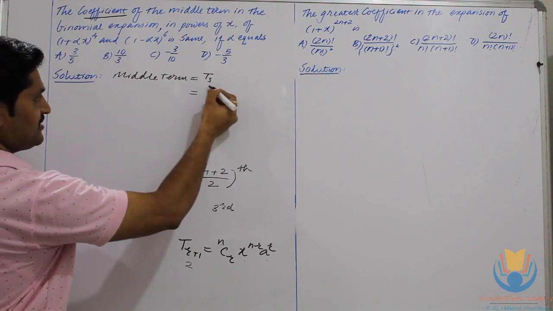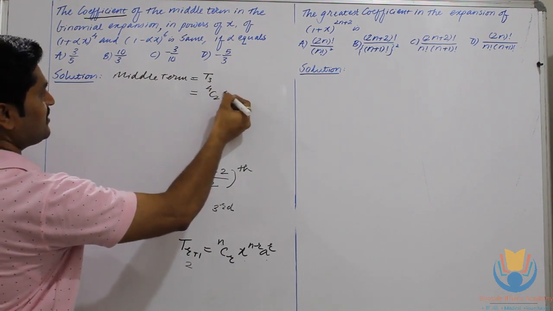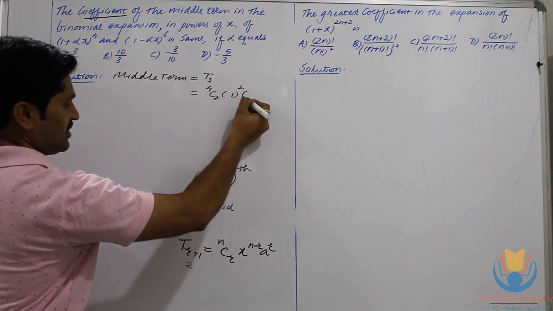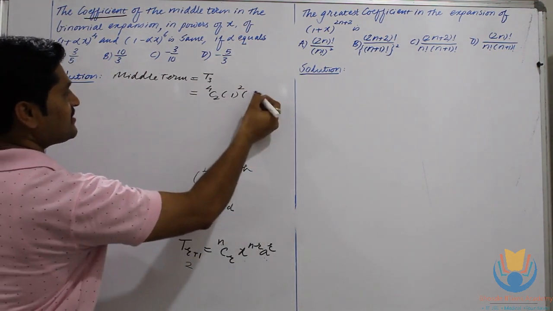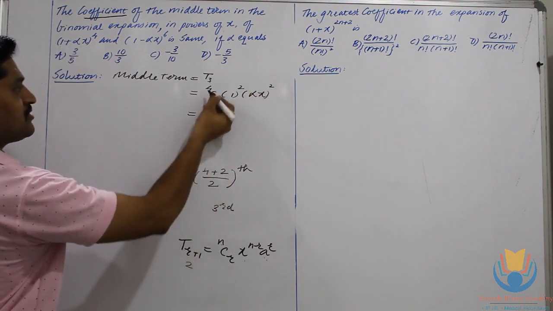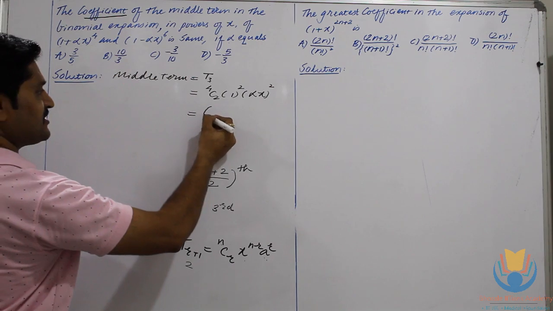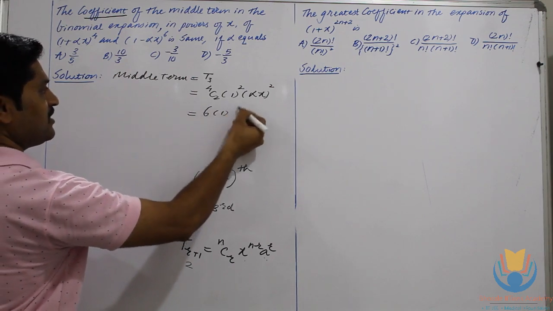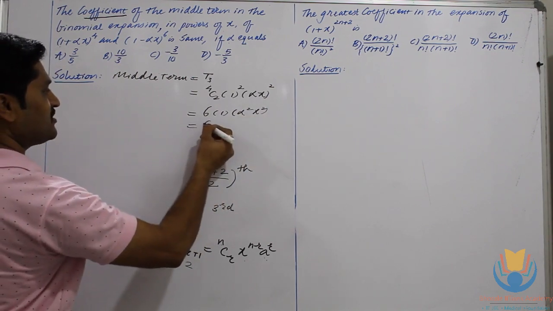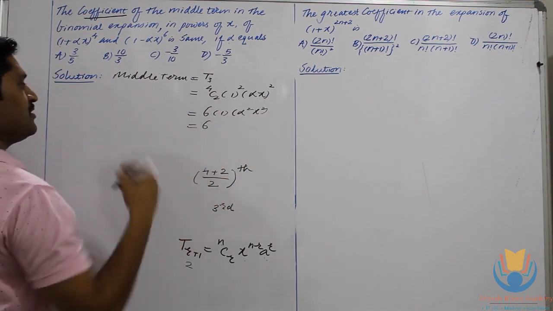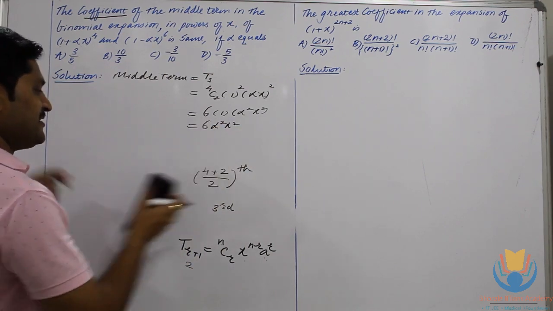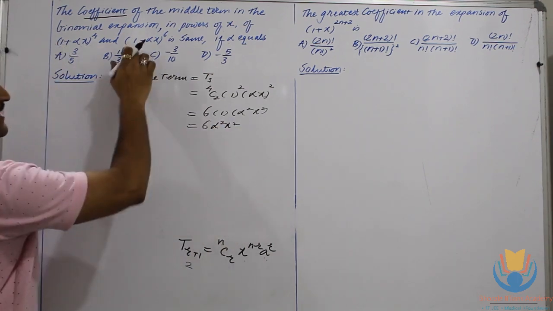So therefore this is 4C2, and this is 1 raised to 4 minus 2, which is 2, and this value of a is alpha x, that whole raised to 2. So let's simplify. The value of 4C2 is always 6, that into 1, and this is alpha square x square. So finally the value of this third term, which is going to be the middle term, is 6 alpha square x square. Similarly, we will find the middle term of this second expansion.